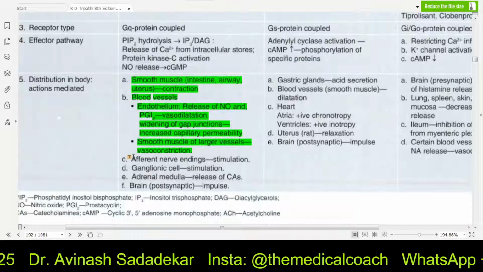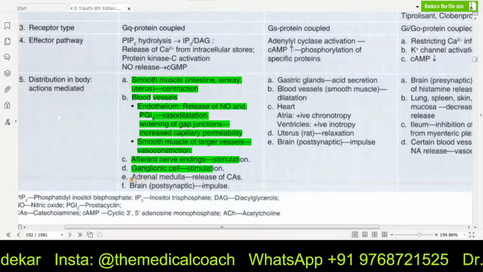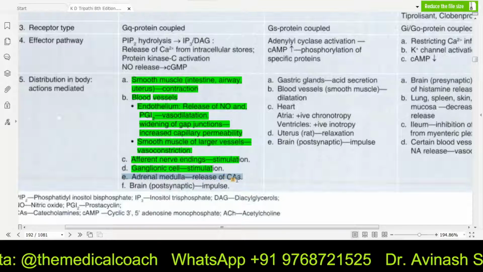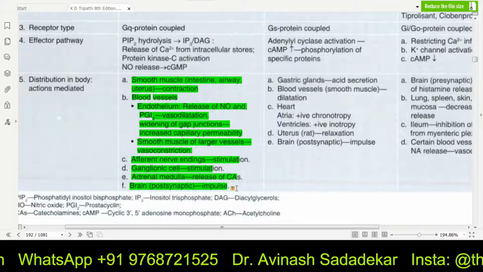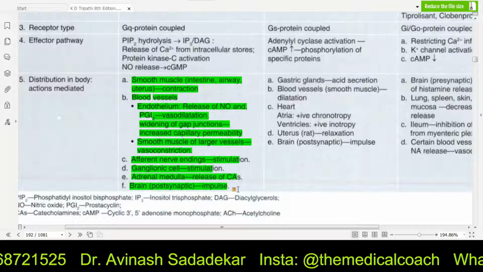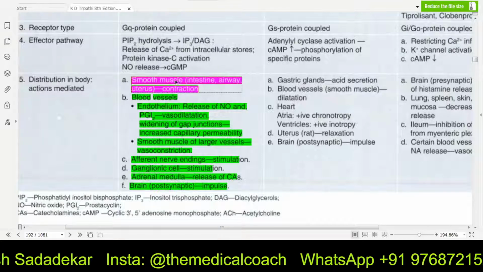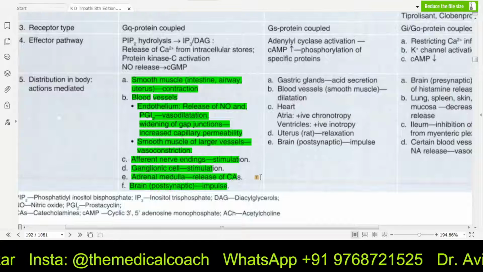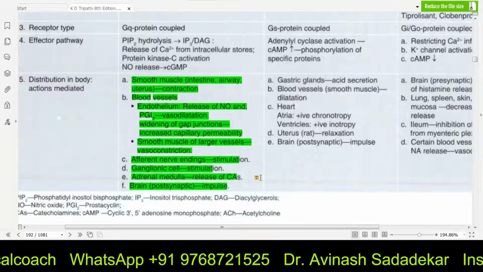Simple. The afferent nerve endings are stimulated, the ganglionic cells are stimulated, the adrenal medullas release catecholamines and the brain fires impulses. Now imagine a medicine which is anti-H1. When there is anti-H1, you relax the airways, intestines and uterus.